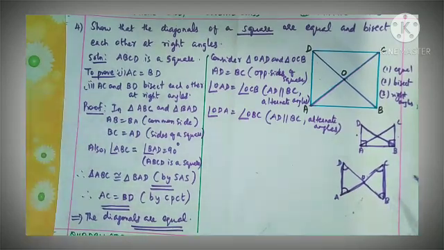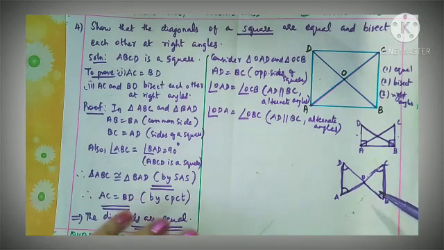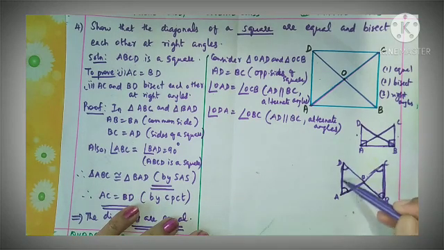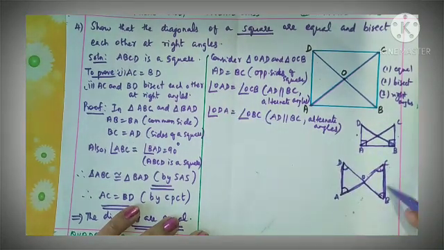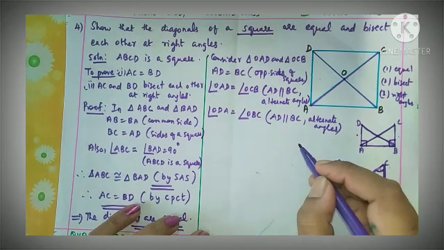So what we got now? We got two angles equal and the side included between the two angles is equal. Correct? These two angles are equal and this side AD equal to BC. What is that side? Included side. So which congruence rule can you apply?